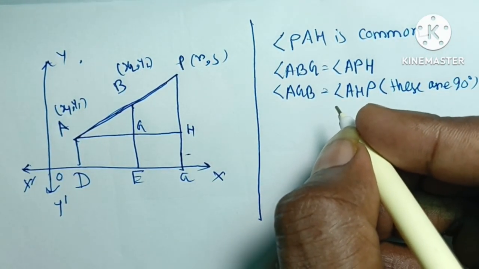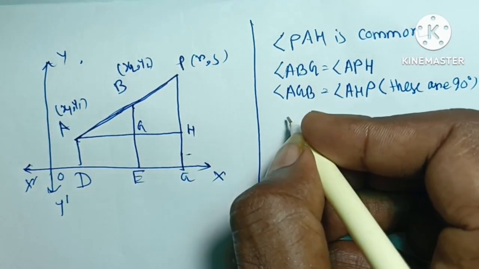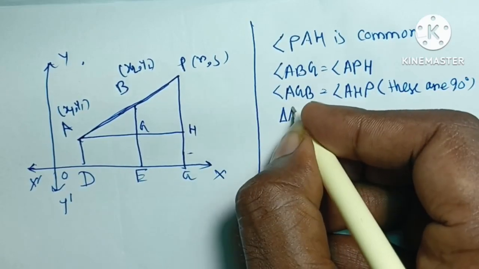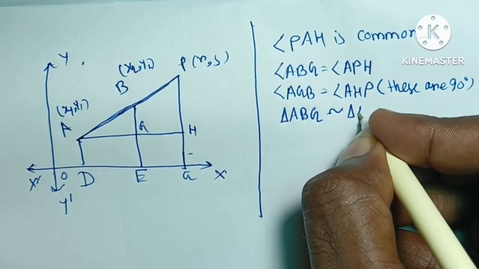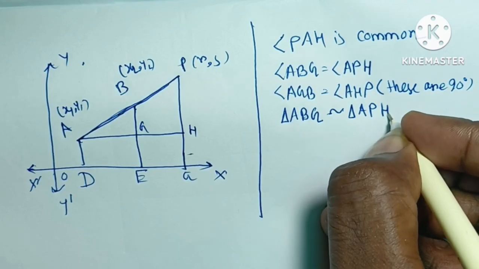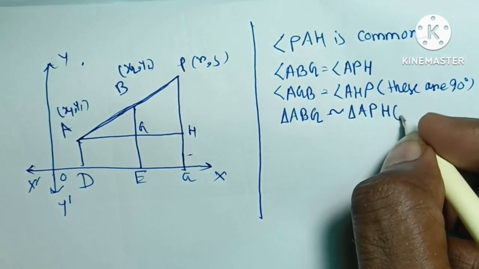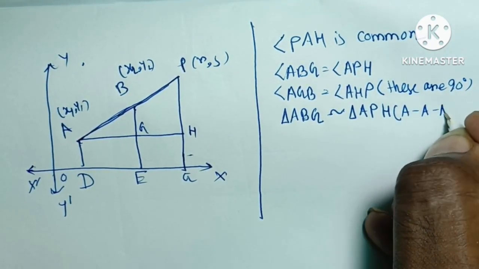So we can write triangle ABG is similar to triangle APH by AAA, meaning angle similarity.